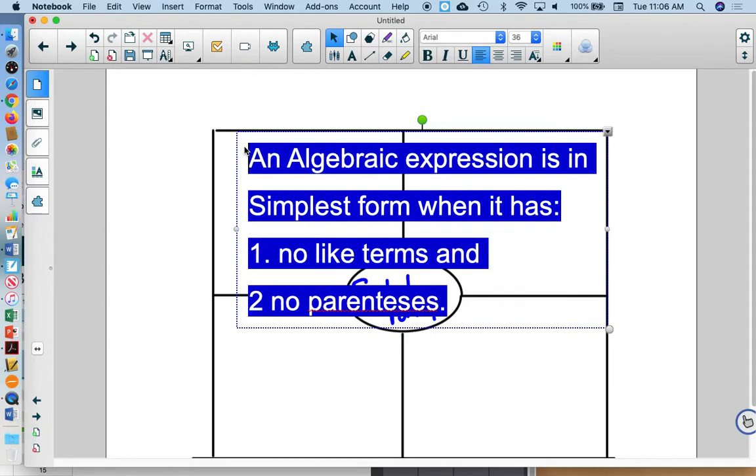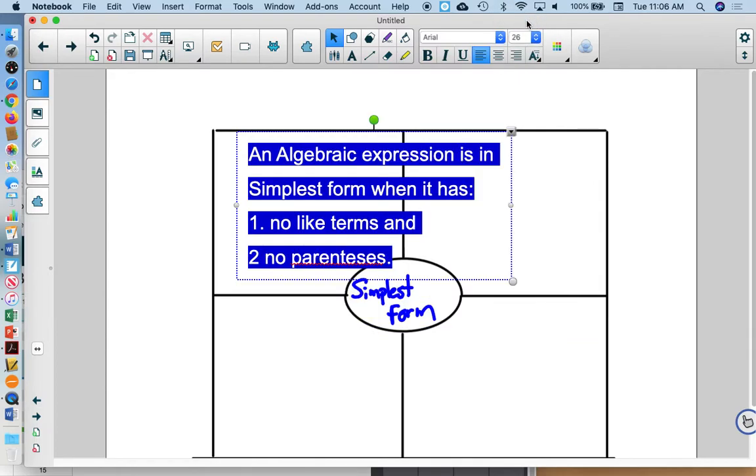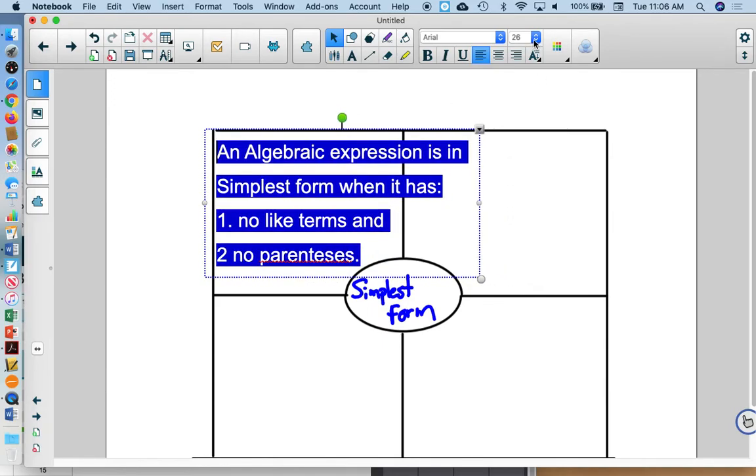I'll fix that. Let me get it shrunk first. See if I can slide it over there.